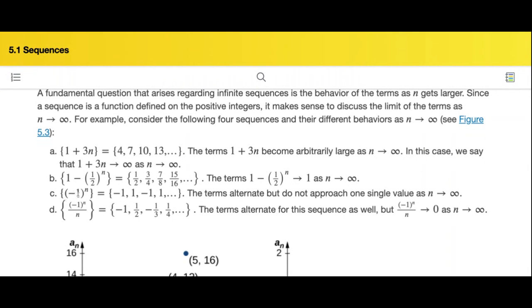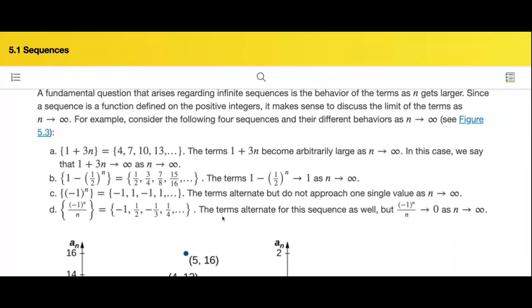C, if we alternate -1, 1, -1, 1, the terms alternate and do not approach anything as n approaches infinity. It just jumps from 1 to -1. So we can't tell. D, if we have -1 raised to n divided by n, we will have -1, and so on and so forth.